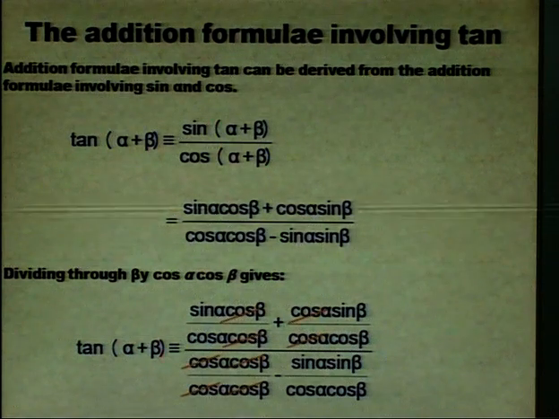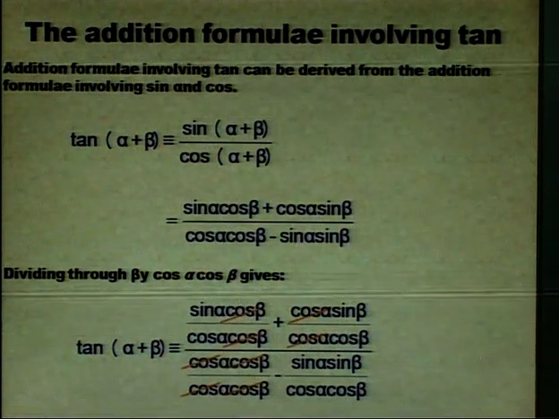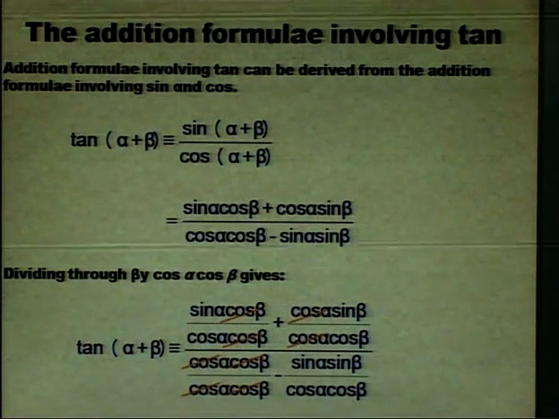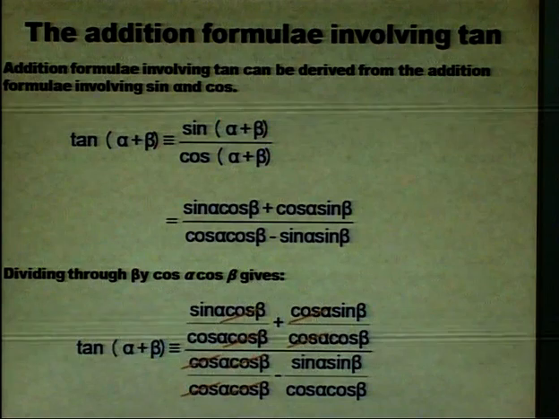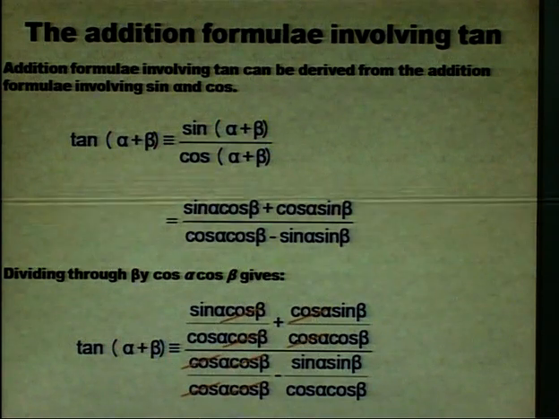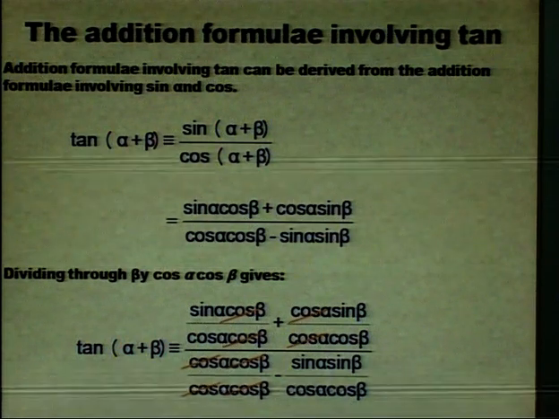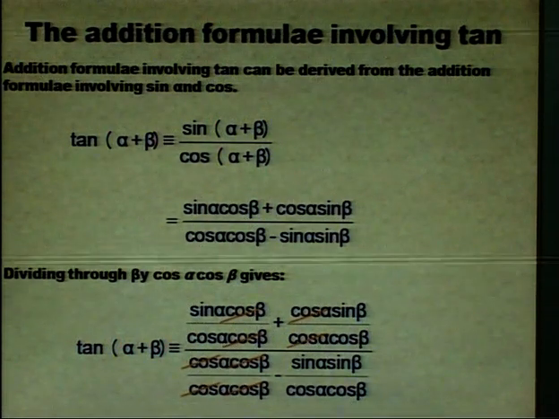So, the very first thing which should come to your mind is that tan of theta, if you want to use the expressions for sine and cosine, you should write as sin theta upon cos theta.